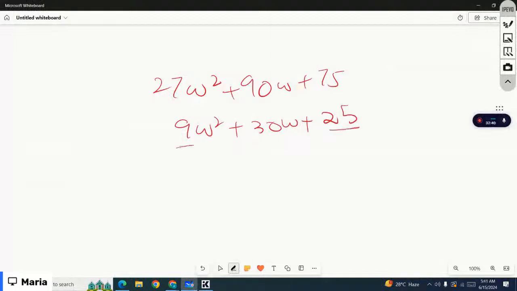Now let's just do 25 times 9. 25 times 9 is 225, right? So you have to make the factors of 30w. When you multiply them, they make 225, and when you add or subtract them, they make 30w, right?